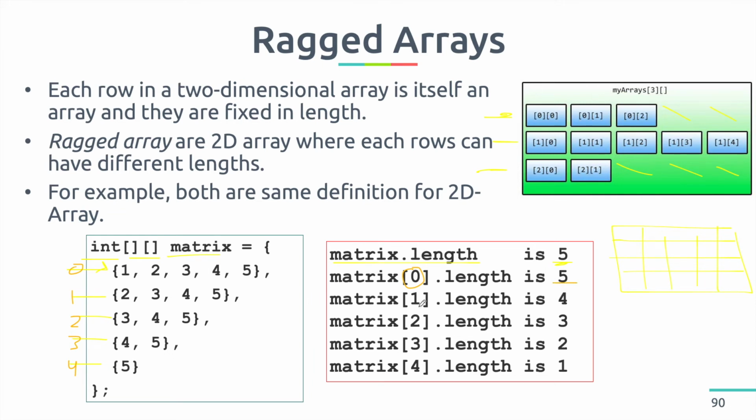And then matrix at index 1, which is row 1, we have 4 elements. So the length here is 4. And similarly, matrix at index 2, we have 3 elements. Matrix at index 3, we have 2 elements. And then matrix at index 4, we have 1 element.